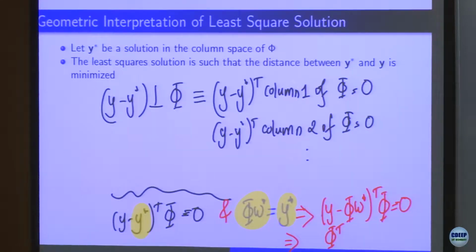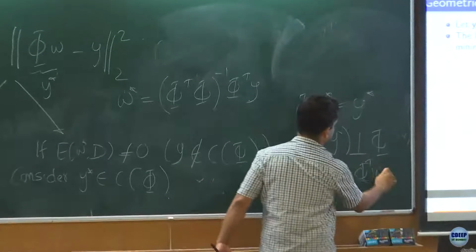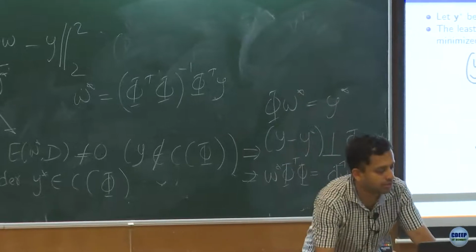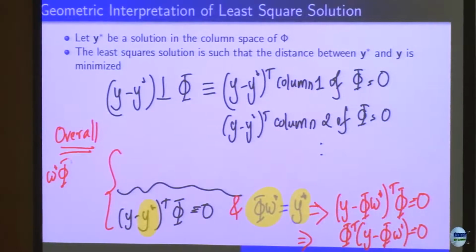It doesn't matter whether you're here or there. You could just take the transpose the other way, phi transpose y minus phi w star equals 0, right? And that will give you w star phi transpose phi equals phi transpose y.